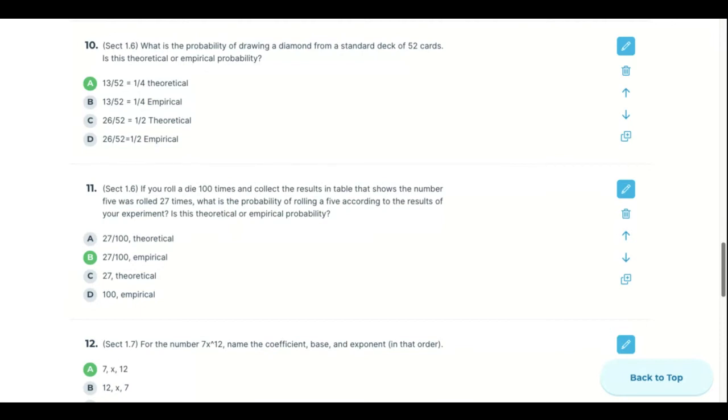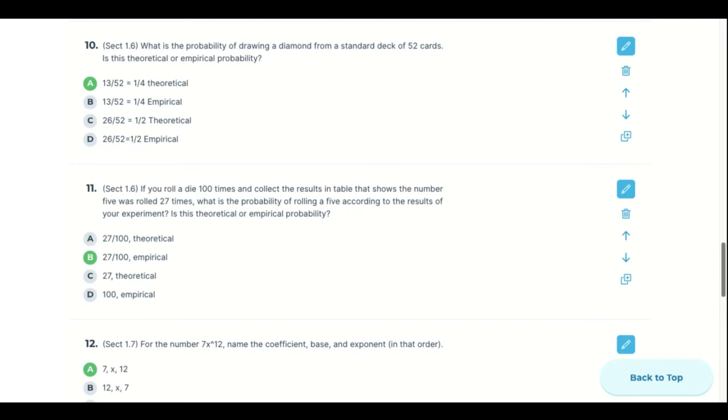When you're collecting data on a table, like you're doing an experiment repeatedly, you're doing it over and over and over again. So it'll say something like you're performing a certain action 200 times. You're performing a certain action 500 times, and you're recording the results that you get each time you do this particular action.